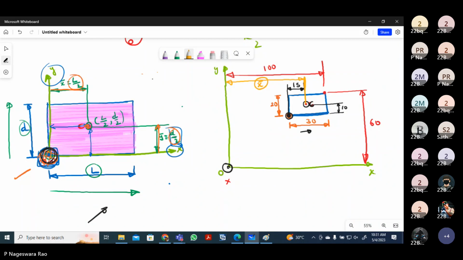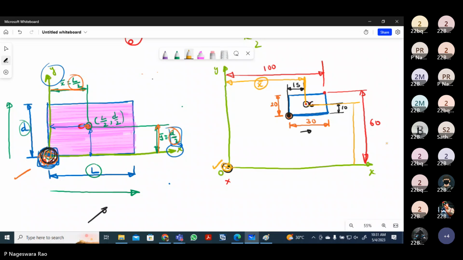Similarly, y bar means the centroid y coordinate, because the origin is here. Always we have to measure from the origin. Initially, we have to apply the formula, but we have to measure the coordinate of the C point from the original origin, because now the origin is here.